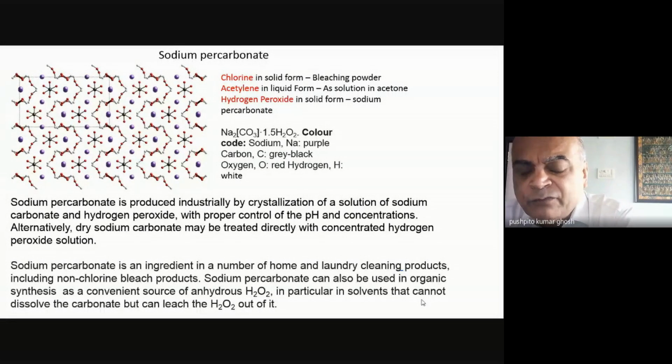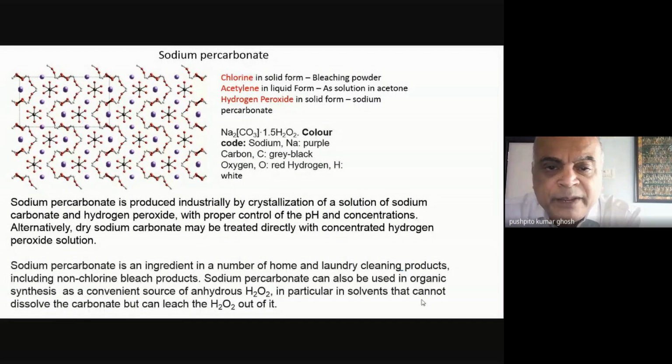In earlier days, of course, we saw people use bleaching powder, but today nobody uses bleaching powder in detergent. Most of it will be relatively milder bleaching agents, things like hydrogen peroxide. But hydrogen peroxide is a liquid, not so easy to actually use in a washing machine or when you're washing clothes.